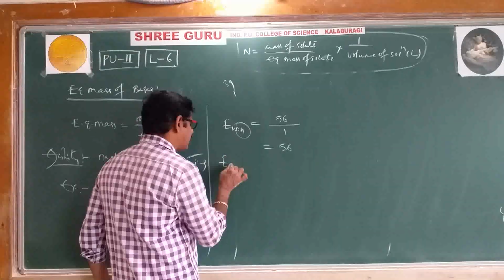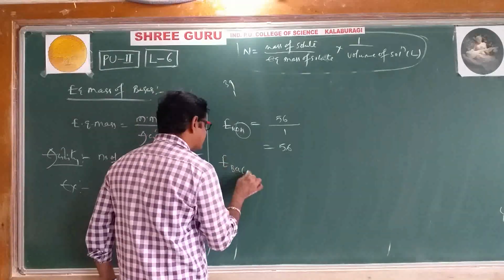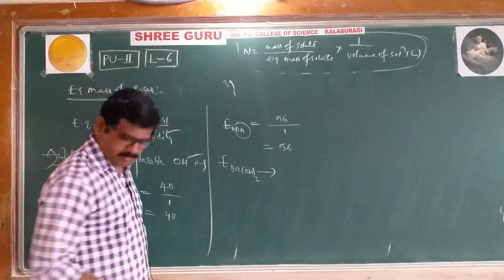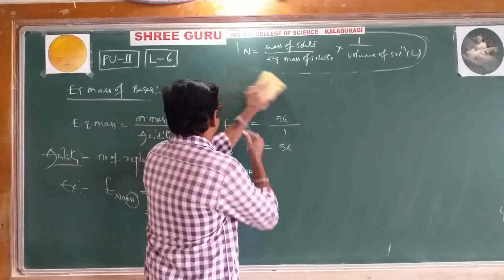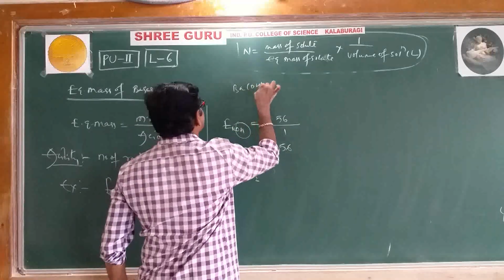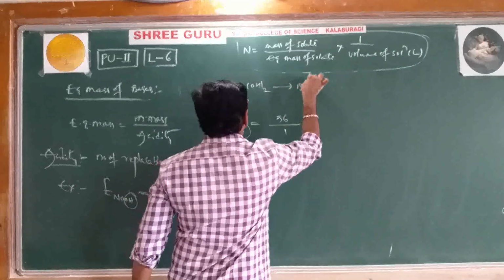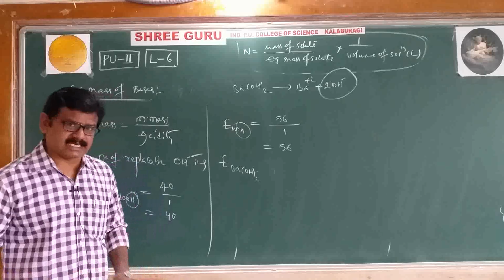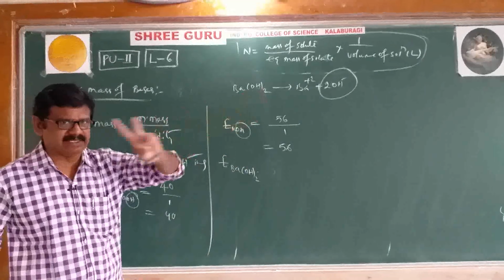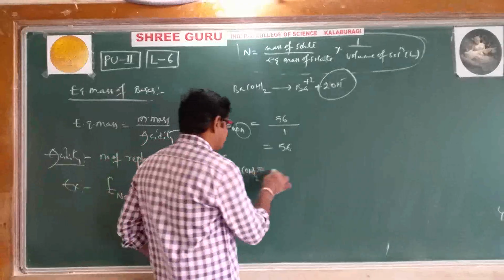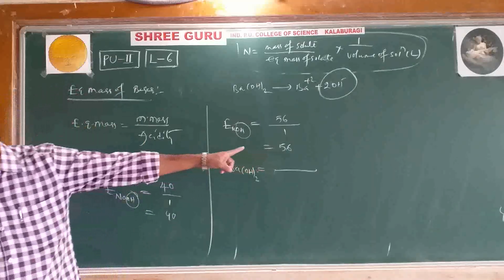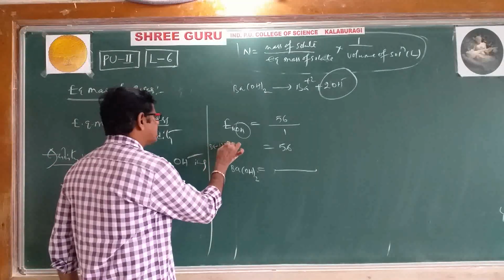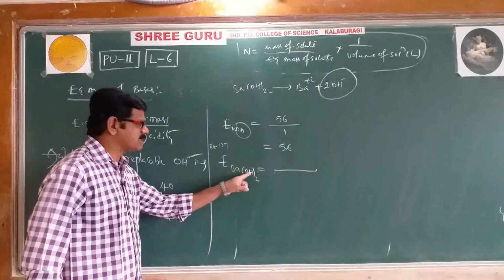One more example, equivalent mass of barium hydroxide. First I'll give you the barium hydroxide dissociation. Barium hydroxide will dissociate as Ba2+ plus 2 OH- ions. How many displaceable OH- ions are present? 2. Now again we will calculate its molar mass. Barium is 137, and here 2 oxygens and 2 hydrogens are there.